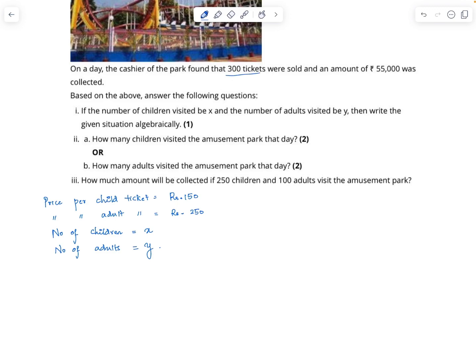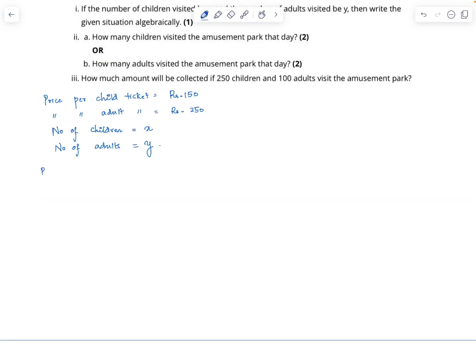On a day, 300 tickets have been sold, and this amounted to rupees 55,000. Based on the number of tickets, the equation can be written as x plus y is equal to 300.